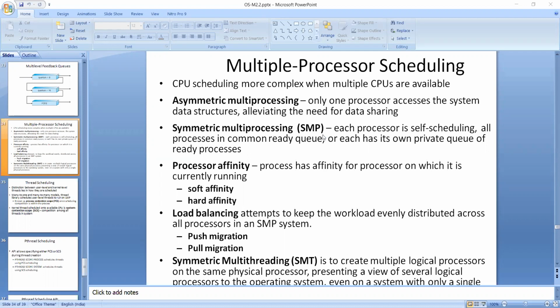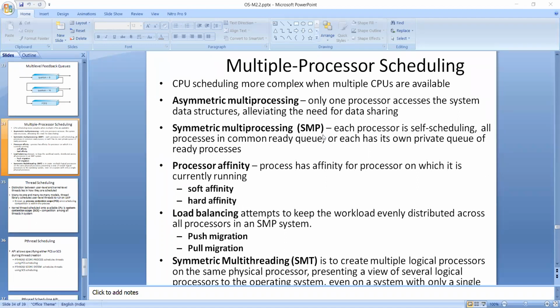When the operating system has a policy of attempting to keep the process running on the same processor but not guaranteeing that it will do so, it is known as soft affinity.